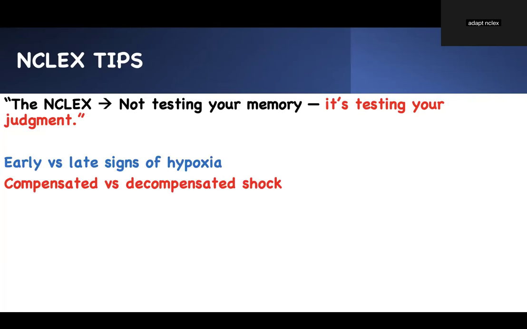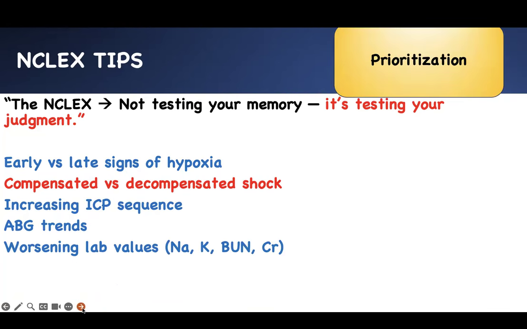If you watch my videos, I talk about this all the time. Early and late signs of hypoxia is a component of them. Compensation and decompensation in shock, increasing ICP, ABG. We've seen it. But what am I talking about? Prioritization. I call it B SHARP. You're looking for a breathing issue, electrolyte, shock, sepsis, airway, lethargy, and pain.